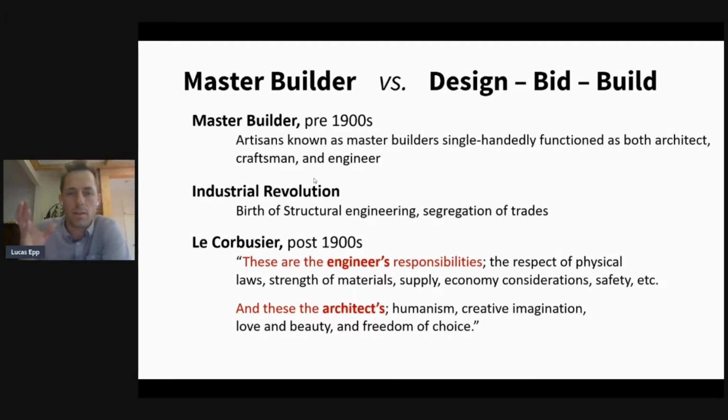Now we have mechanical engineers, structural engineers, architects, civil, geotechnical, and on the construction and trade side, an incredible amount of segregation. We moved away from people taking more responsibility toward segregation as the typical approach in the industry: this design-to-build approach. Le Corbusier put it interestingly, separating the engineers' and architects' responsibilities into these statements here.